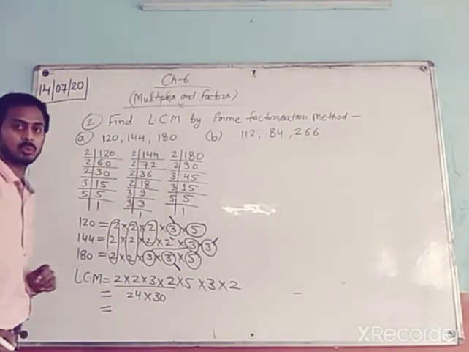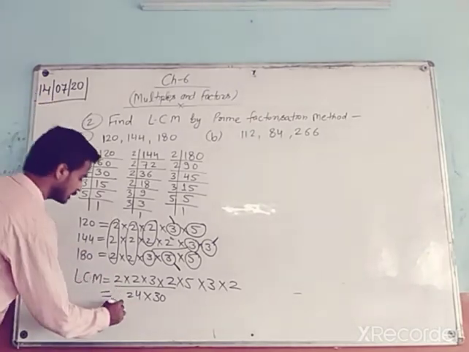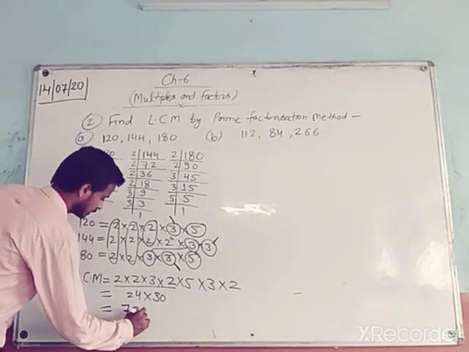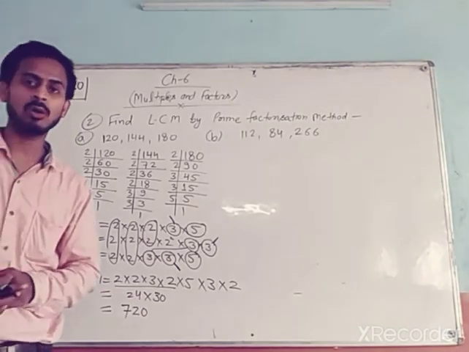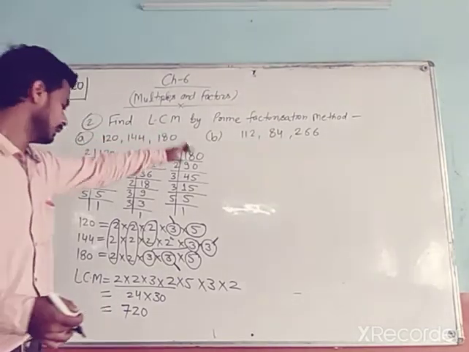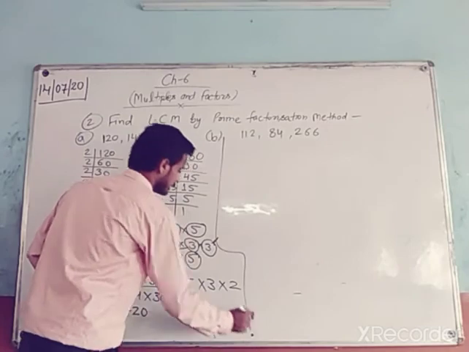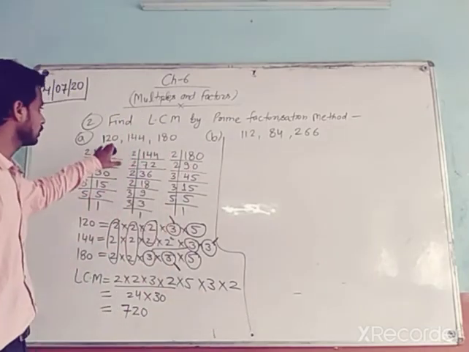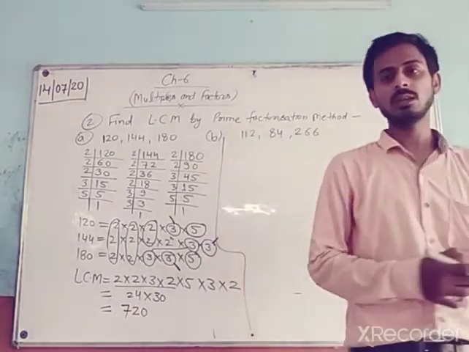So 24 multiplied by 30 is equal to 720. So 720 is the LCM of 120, 144 and 180. Clear? In this way we can find the LCM of given numbers by the prime factorization method.